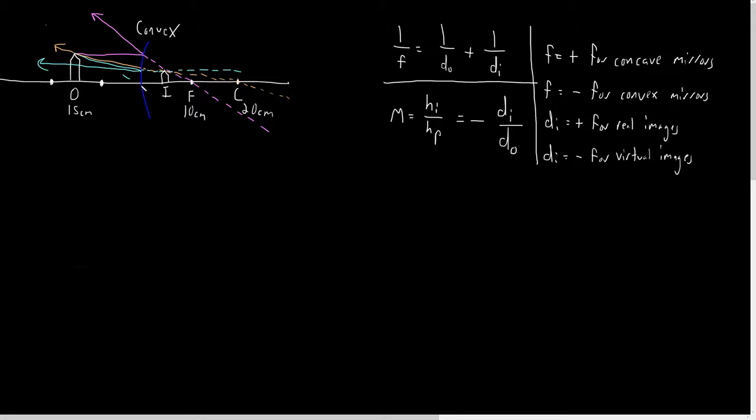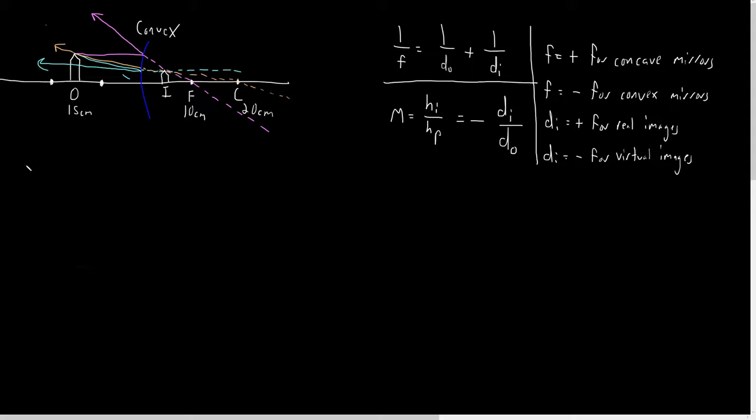It's negative because it's on the opposite side of the mirror from the object. And for distances of the image, for real images, your DI is going to be positive because it's on the same side as the object. For virtual images, which is the one we're working with here, DI will end up being negative just because it's on the opposite side. You can think of it like a number line: my positive numbers are this way, my negative numbers are that way.